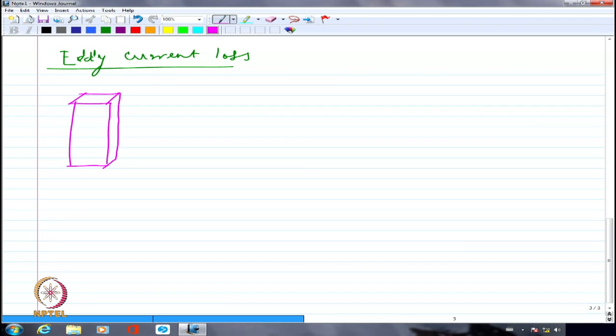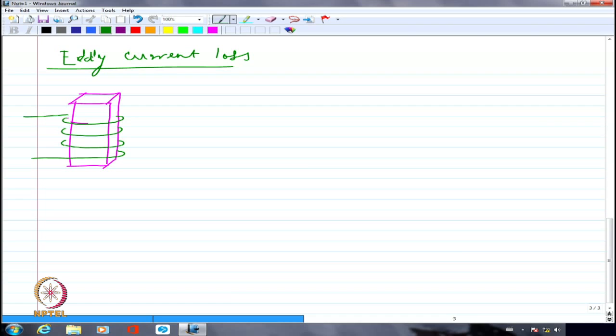So if I am having this as my core, and let us say I am going to wind some wire like this. So I am just showing it as though it is wound like this, and I am going to take out the wire here, and one more, let me show it as though it is going like this. So I am essentially having a wire like this, right?